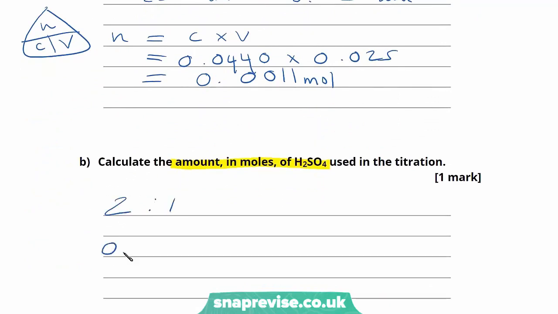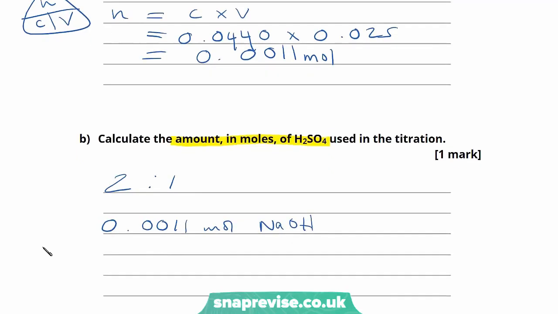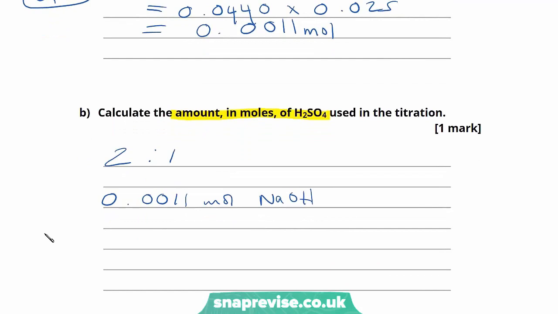So if we have 0.0011 moles of our sodium hydroxide, it's going to react with half as much sulfuric acid. So that's 0.0011 divided by 2 to give us 0.00055 moles of sulfuric acid.